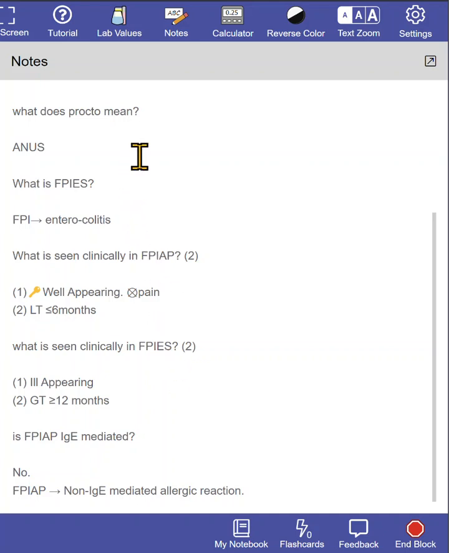So what does procto mean? Procto means anus. What is FPIES? It's food protein-induced enterocolitis syndrome.